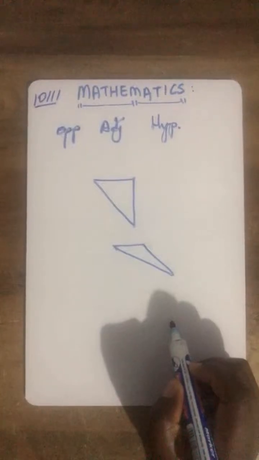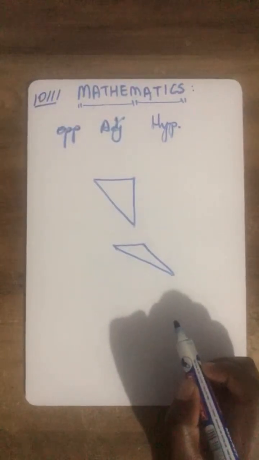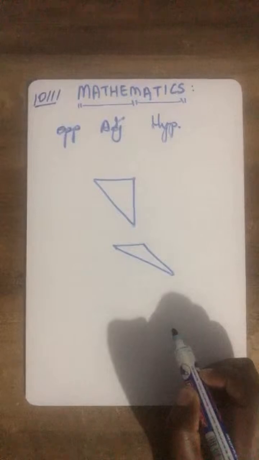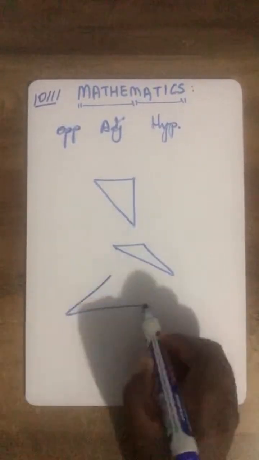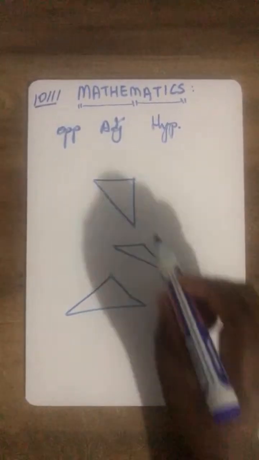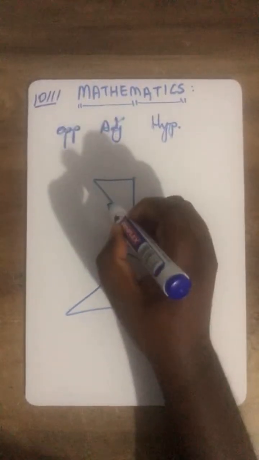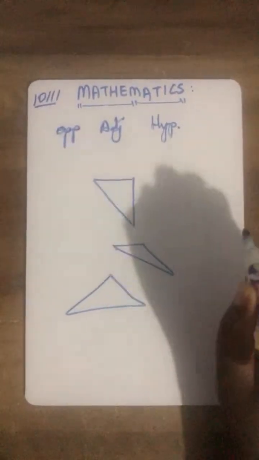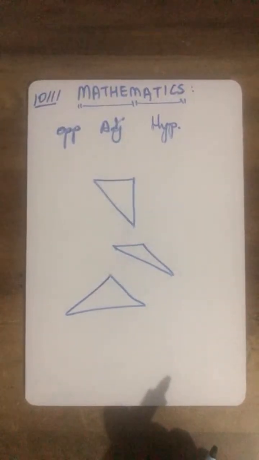Only difference is that the angles are not the same. So this is a triangle which looks like a right-angled triangle. It's a deceiving triangle.